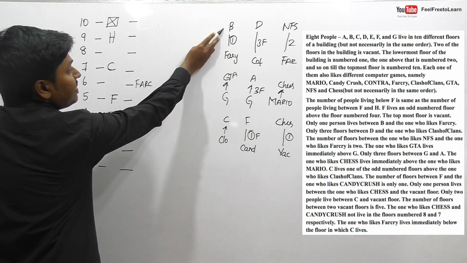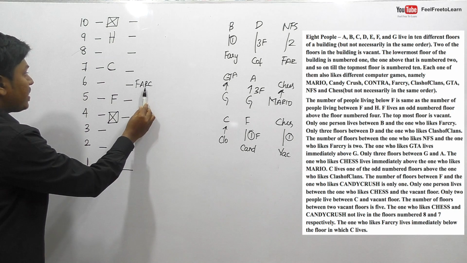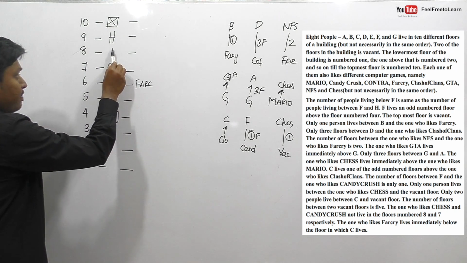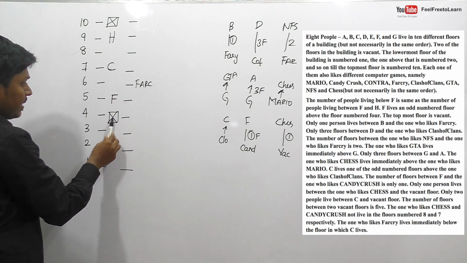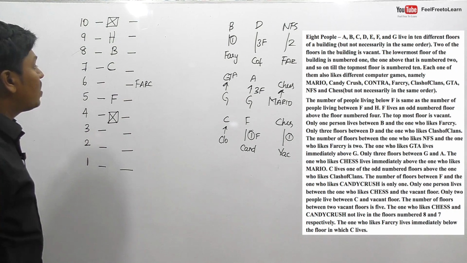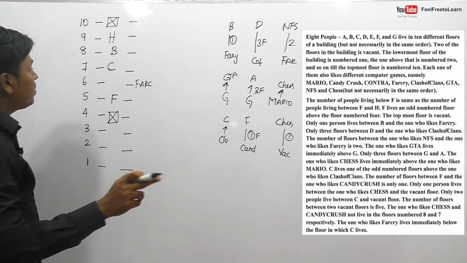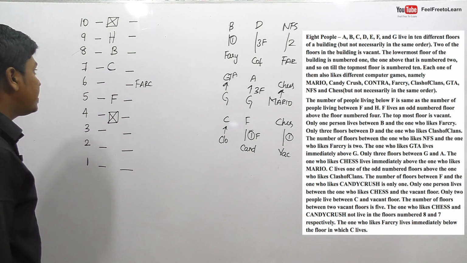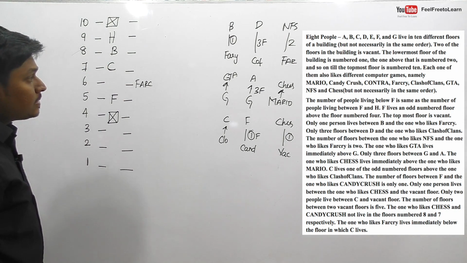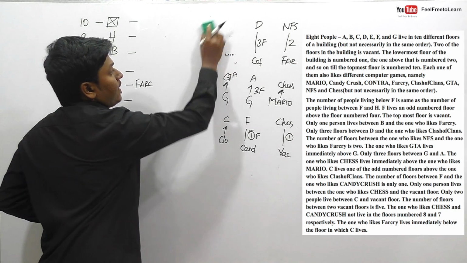Friends, listen here, between B and Far Cry there should be a gap of 1, right? We know that Far Cry is here, we can place B here, or otherwise here. Only one is possible, friends, we should definitely place B here, because between Far Cry and B there is only one floor. So we can eliminate this clue, right?